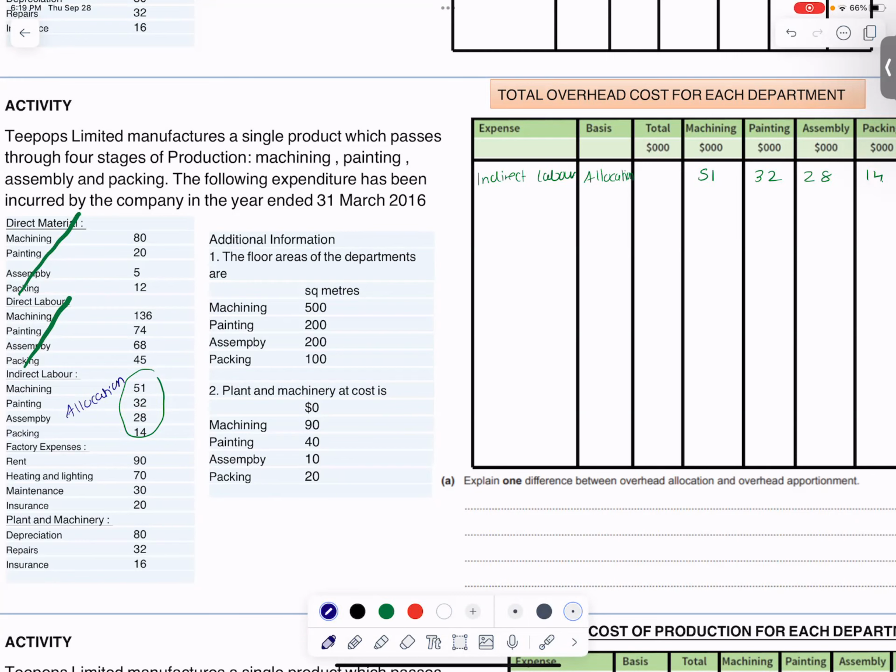Apportionment. So what are the expenses now? Factory expenses would be rent, heating and lighting, maintenance, and insurance. Come on, distribute it.